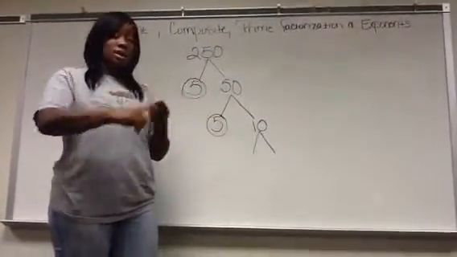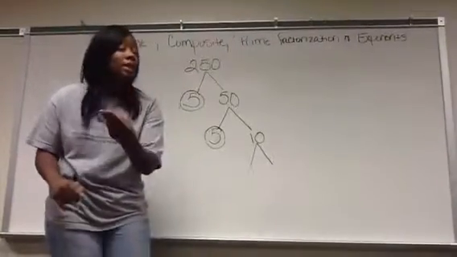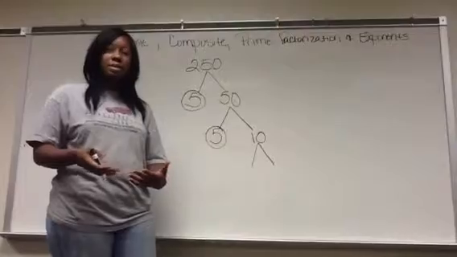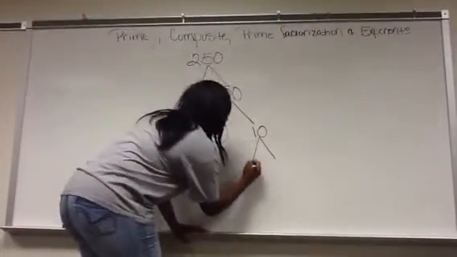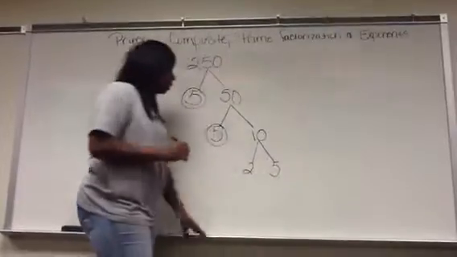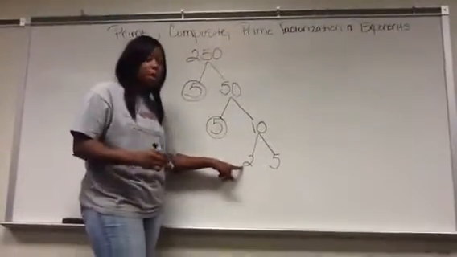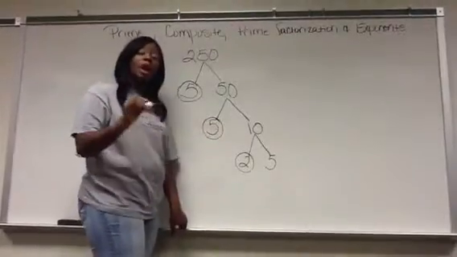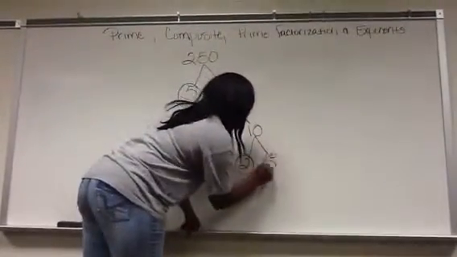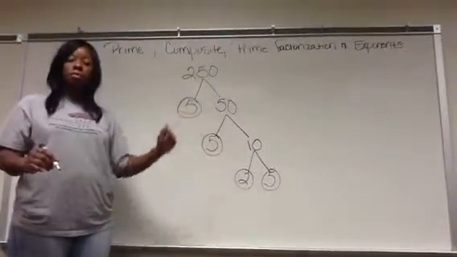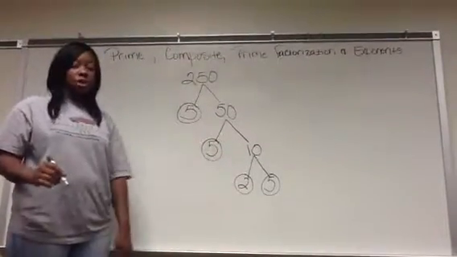There's 1 times 10, and if that were it, then it would be prime. But because there are more numbers, it's composite. We're going to use 2 times 5. And when I look at the 2, I know it's prime because only 1 times 2 equals 2. And only 1 times 5 equals 5. Now that I'm looking at all circles, I'm done with my factor tree.